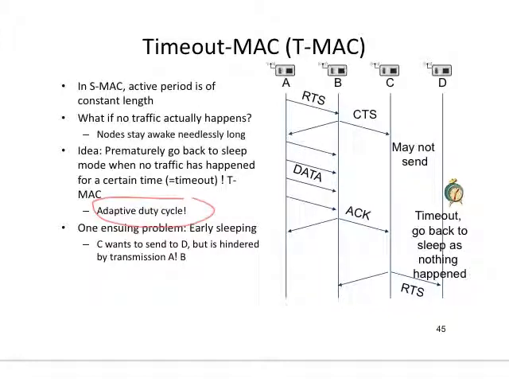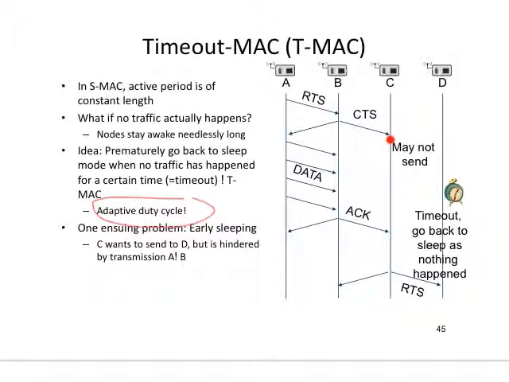Okay. That's why C didn't go to sleep, because even though C is not part of this communication, right? A wants to send to B, right? But C receives CTS. Over here it's CTS.